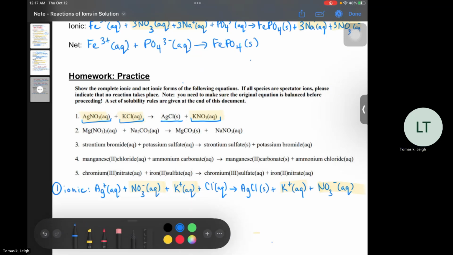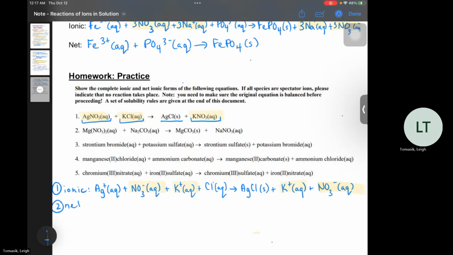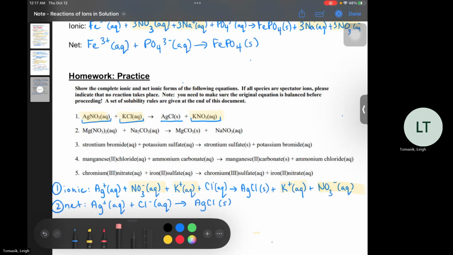Chlorine is. So we have our net ionic equation. We have Ag plus aqueous plus Cl minus aqueous makes AgCl solid. Done. Oh, that wasn't question 2.